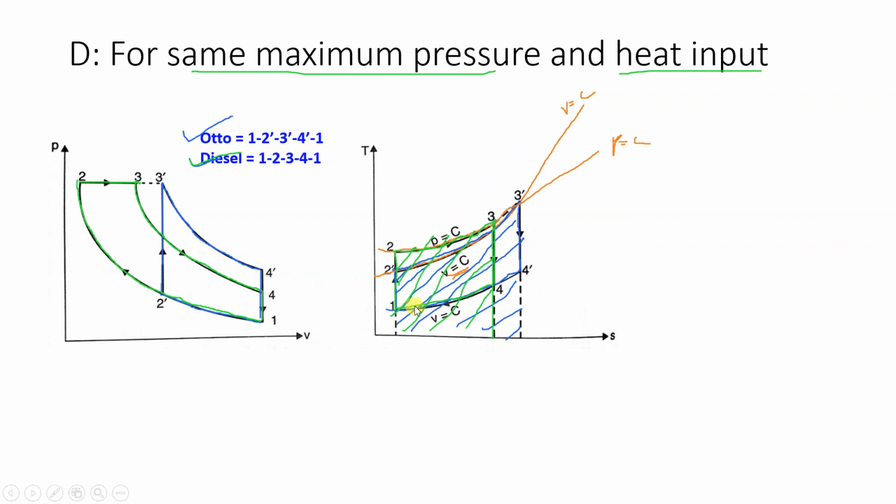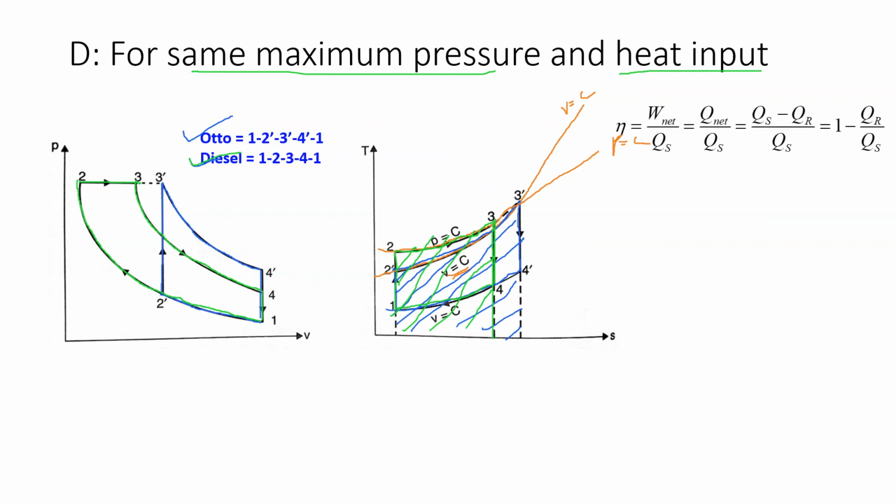Heat rejected in case of diesel cycle is the area under curve 4 to 1, and if you consider Otto cycle, heat rejection is from 4 dash to 1. So you can clearly see in the TS diagram, heat rejection in case of diesel cycle is less as compared to Otto cycle. So efficiency of diesel cycle will be greater.